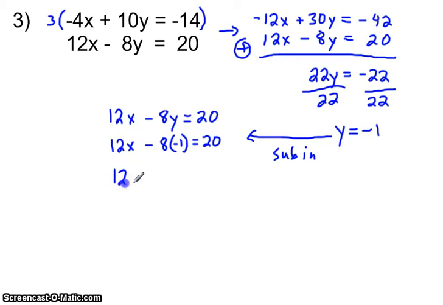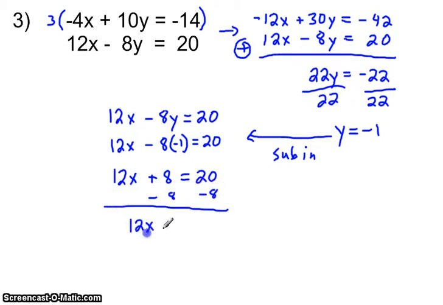And got to be careful here with the negatives. Negative 8 times negative 1 is positive 8. And now I'm just going to solve this. Subtract 8 from both sides. I get 12x is equal to 12. So that means when I divide both sides by 12, I get x is equal to 1. So my solution is the point 1, negative 1.